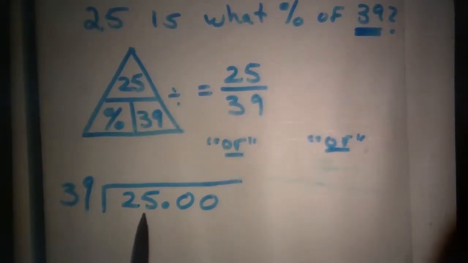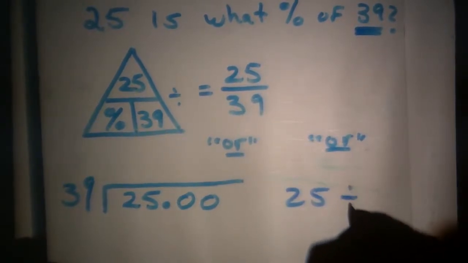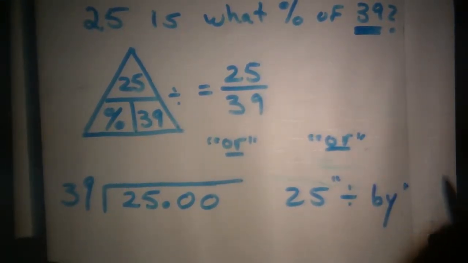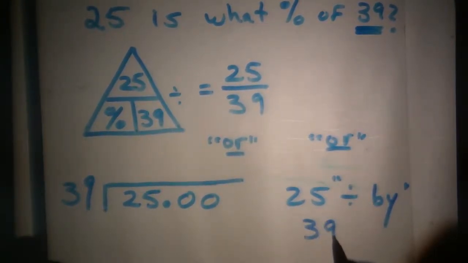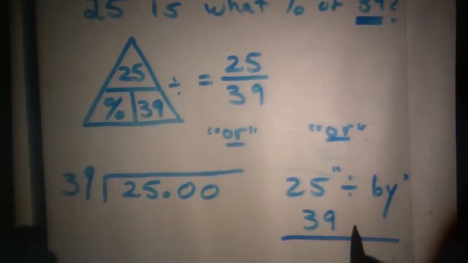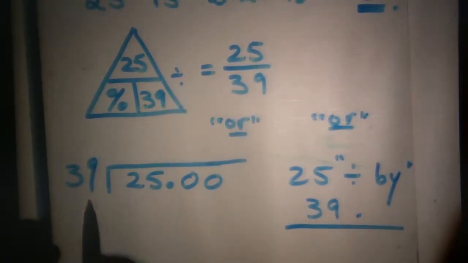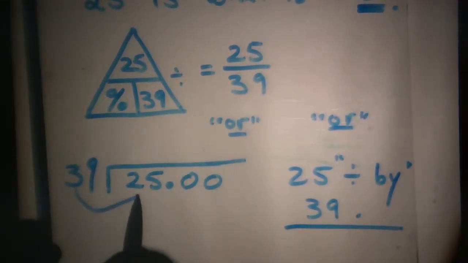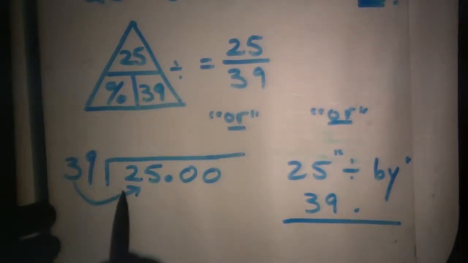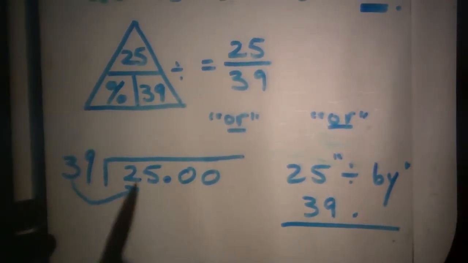This is 25 divided by 39. So if I say this, that means 25 is going to have 39 go into it. You may say that's impossible. 39 is larger than 25. That's why we put the decimal here and add zeros.